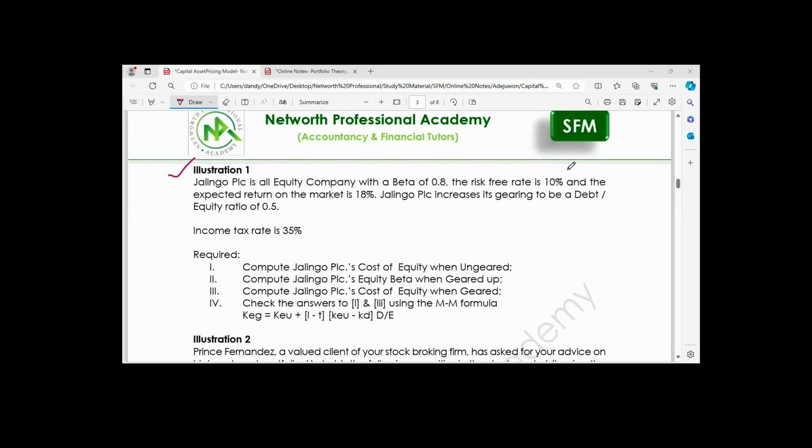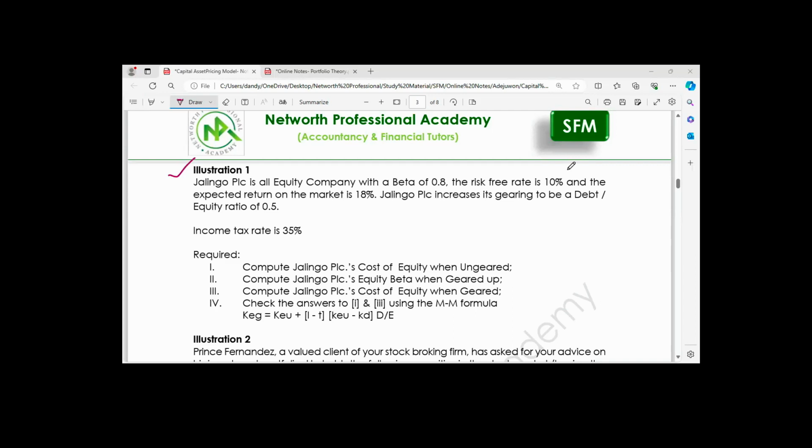Compute Jalingo PLC's cost of equity when ungeared. 2. Compute Jalingo PLC's equity beta when geared up. 3. Compute Jalingo PLC's cost of equity when geared. And 4. Check the answers to 1 and 3 using the M&M formula. All right. Thank you very much, Prosper.